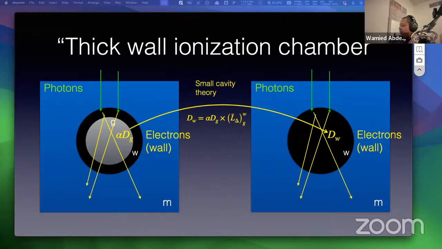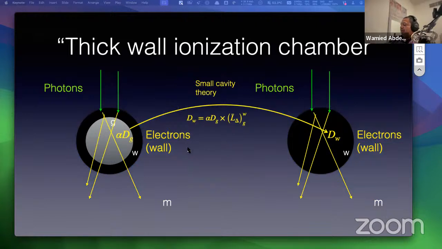Essentially, for the dose in the cavity from these electrons, the cavity does not see the phantom. It thinks that the phantom is not present, because that part of the dose was generated by electrons from the wall.